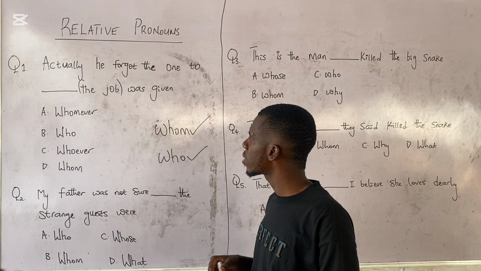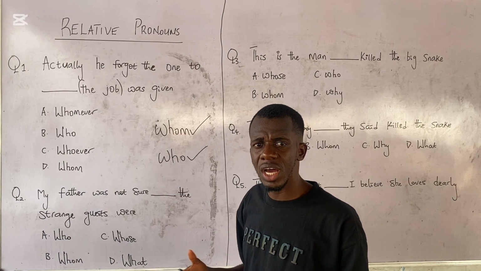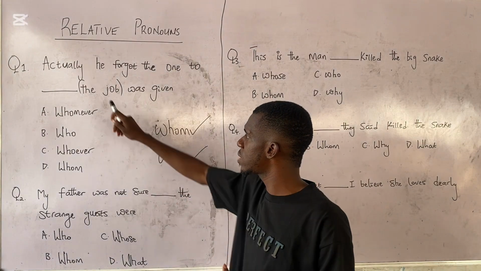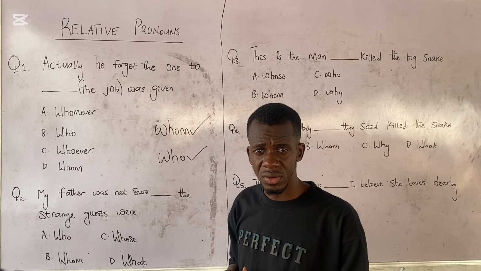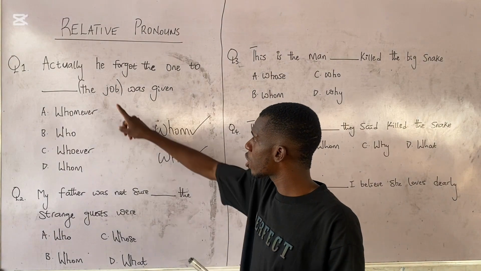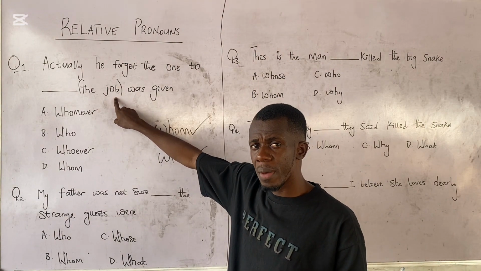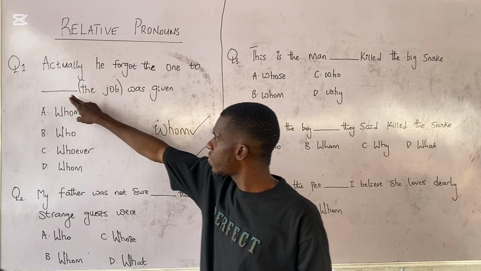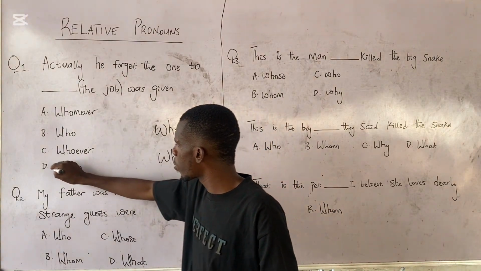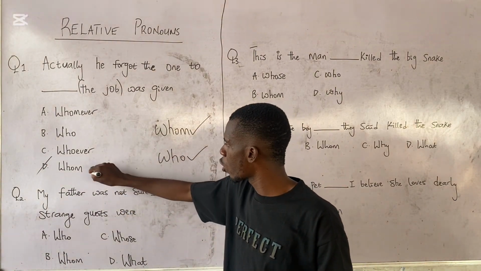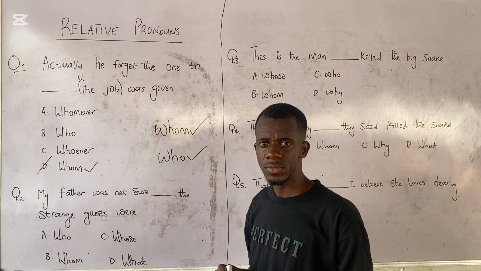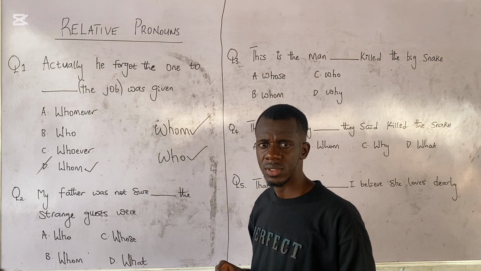Now, if you are familiar with nouns, pronouns, and verbs, you should know that this expression is a noun. Good. So because it is a noun, remember my rule. I will then fill this gap with WHOM, which is option D.